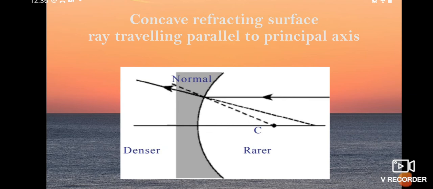Here for the concave refracting surface, the light ray is traveling from rarer medium to denser medium. If you draw the normal and extend it, at that time the refracted ray is towards the normal.